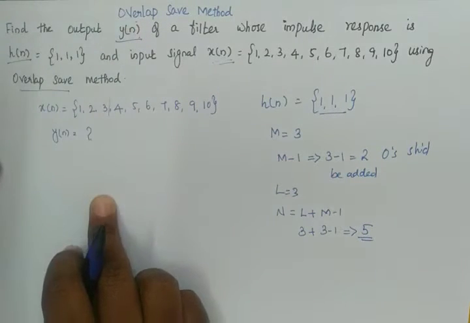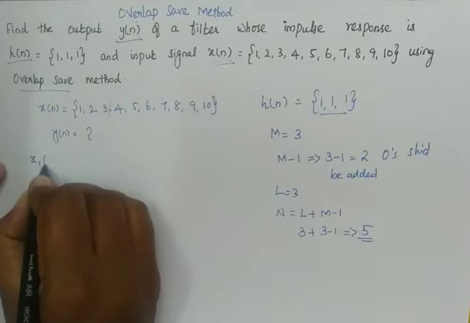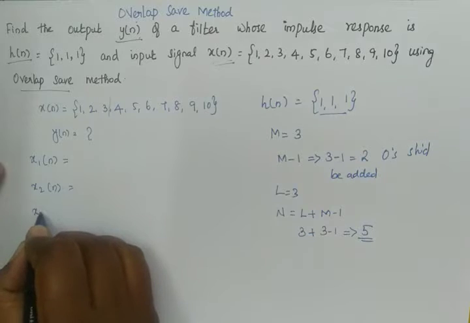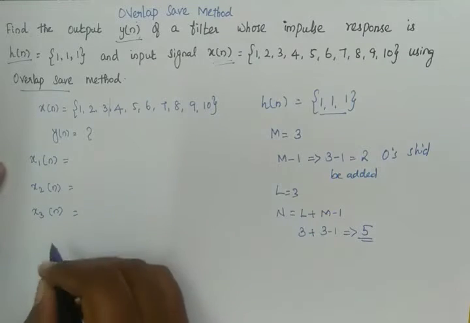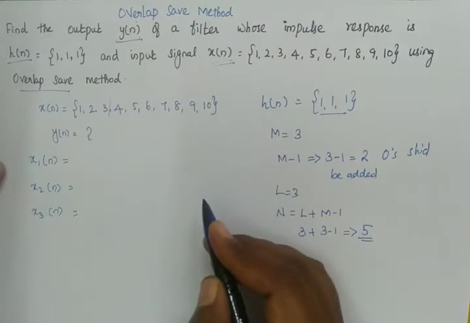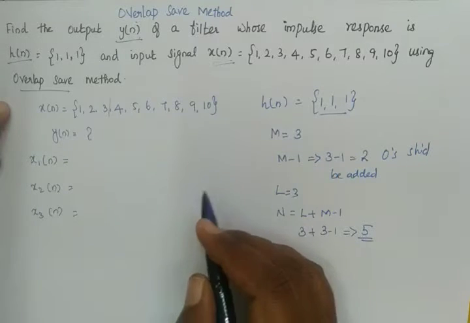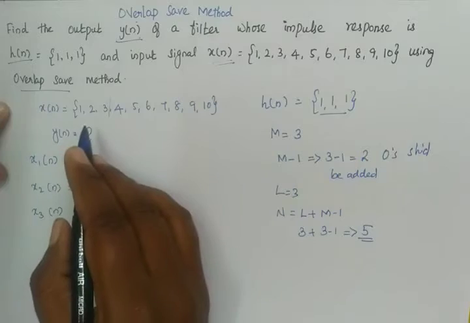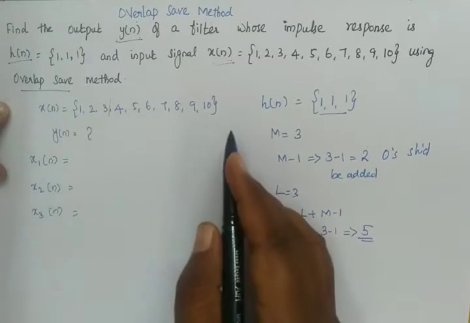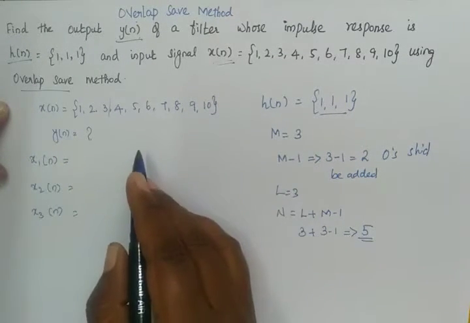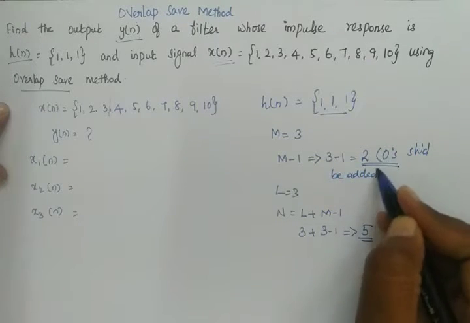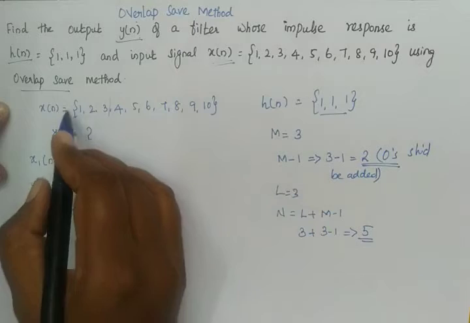Now we have to write x1 of n, x2 of n, x3 of n and so on. What is x1 of n? In the overlap add method we added zeros at the end. I guess you remember this. But now we have to add these 2 zeros in the front, in the beginning.